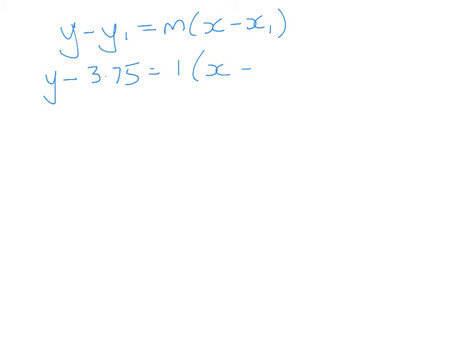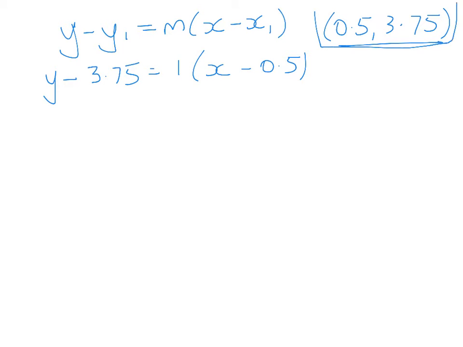Okay, so we've got y minus y1 equals m times x minus x1. So y minus 3.75 is equal to 1 times x minus 0.5. Again, that's because I'm using this point here, which is on the parabola.